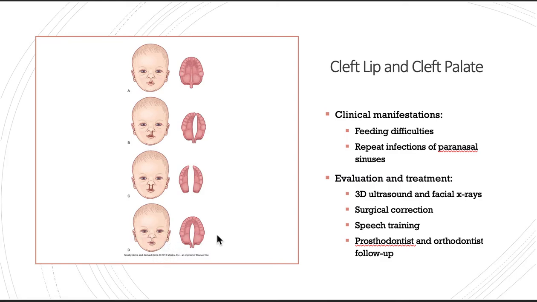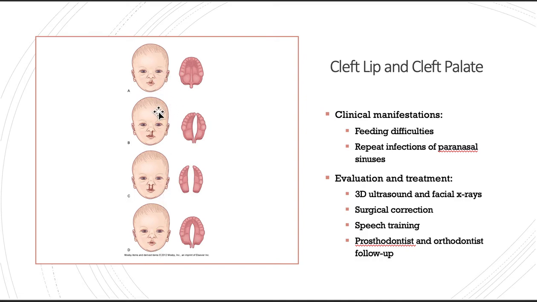And what we'll find is that the babies have feeding difficulties here, okay? So they have problems latching, they have problems sucking, and so those are usually the first things that they'll notice if they don't have a cleft lip. Now, if they have a cleft lip, obviously we go and we say, okay, how bad is it?